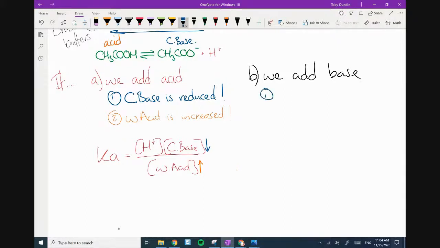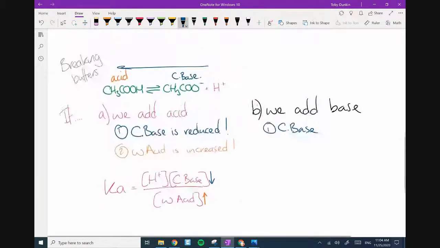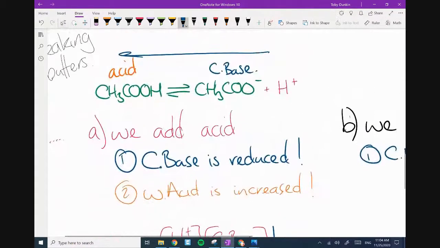If we add OH minus in here, the OH minus is going to react with the H plus. Oh, no, that's not correct. The H plus isn't there. The OH minus is going to react with the acid, with that H there. It's going to rip it off, and it's going to push the equilibrium in the opposite direction.